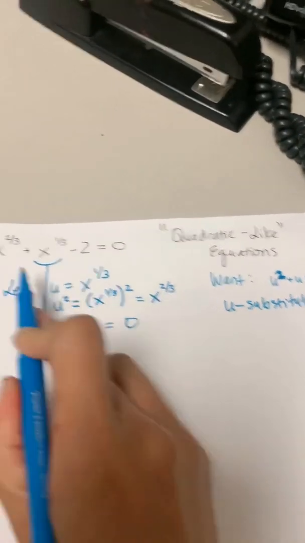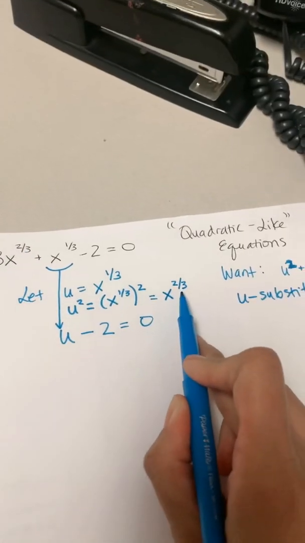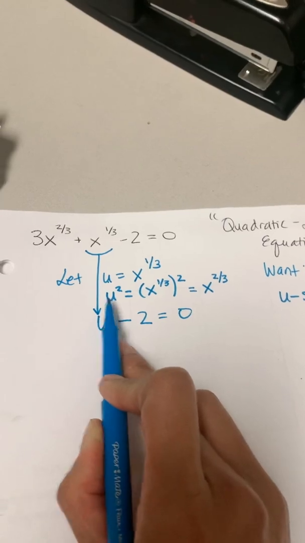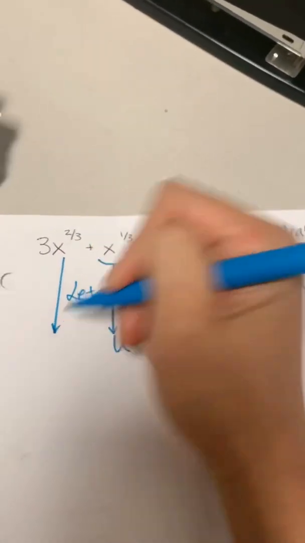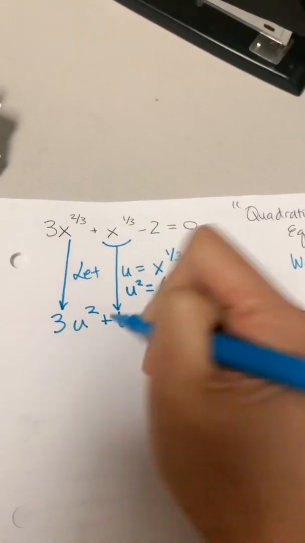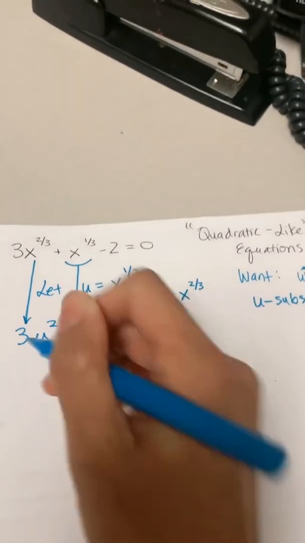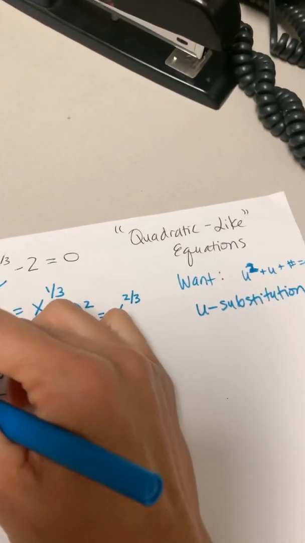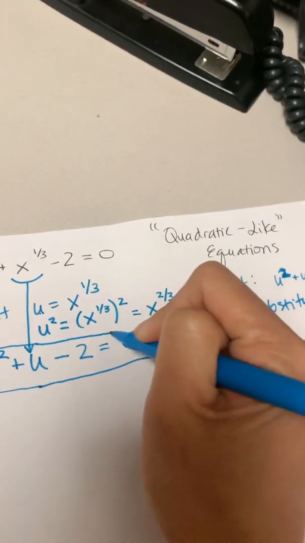So x to the 2/3 is the same thing as u squared based on our substitution. So here I substitute and I get 3u squared plus u minus 2 equals 0. Now this is our new equation using the letter u.